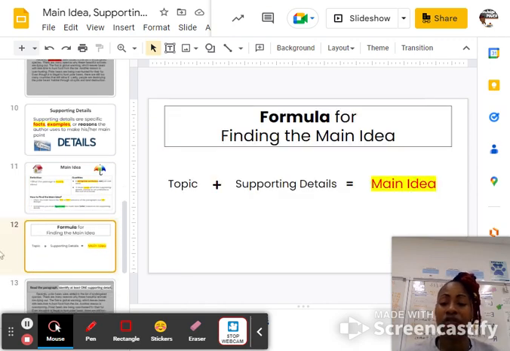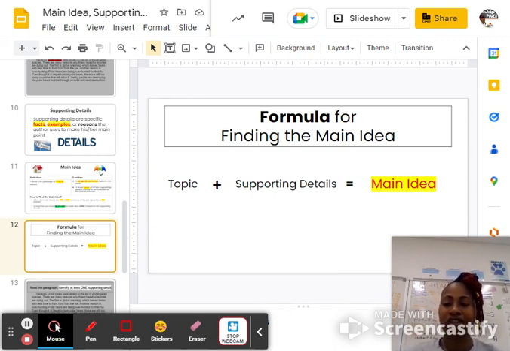Next, we want to look at the formula for finding the main idea. You're going to go to slide 37 in your digital notebook. So the formula we have is really simple. You look at the topic, which is that one or two words, plus the supporting details, information about the topic. That is going to equal the main idea. See that math equation we did? You know, English teachers, we like to do that.